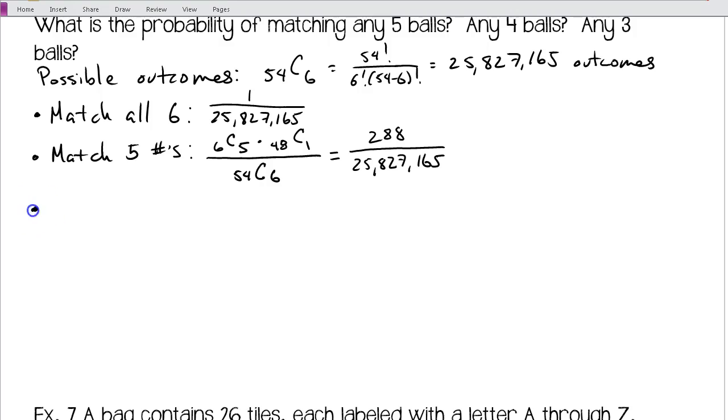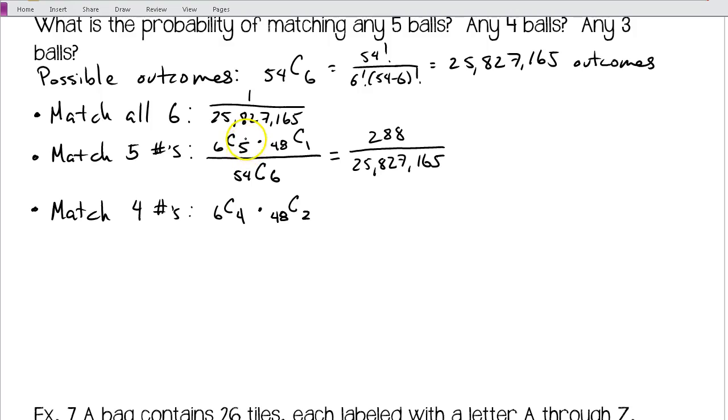Next, to match only 4 numbers, of the 6 that we pick, we're going to match 4. Then we're still going to have 48, but now of those 48, we're going to have 2 of the other 48 that aren't one of the winning numbers.